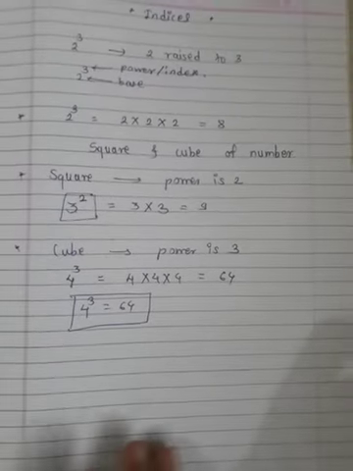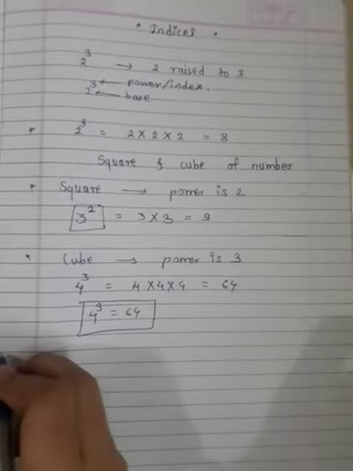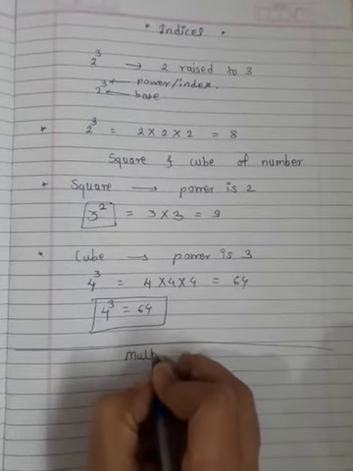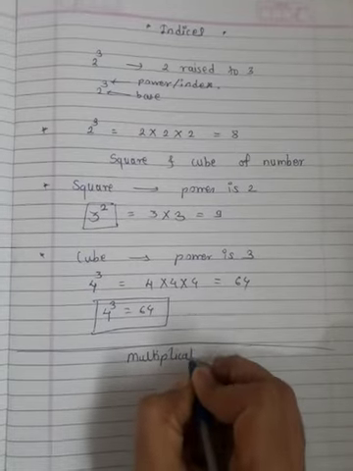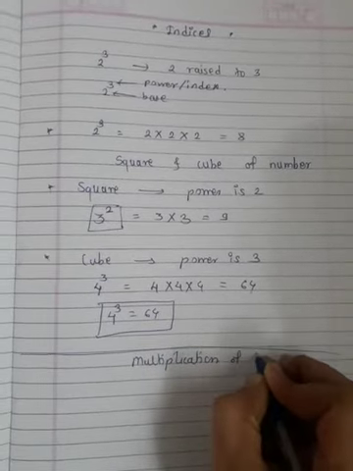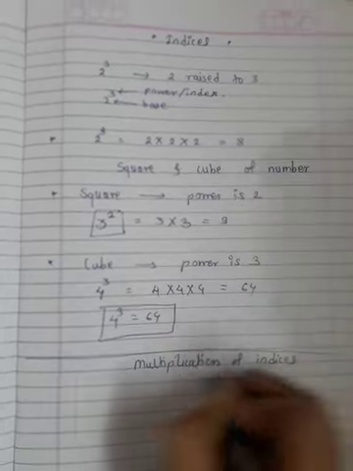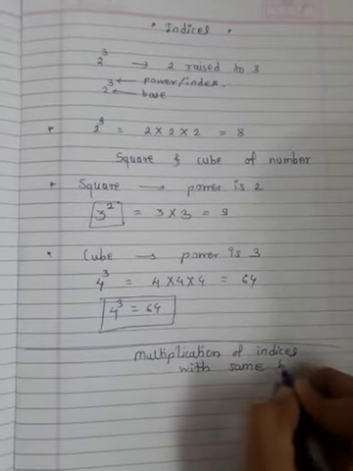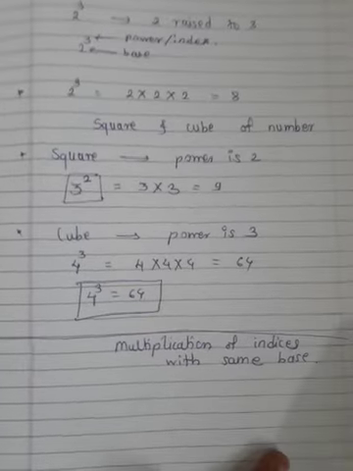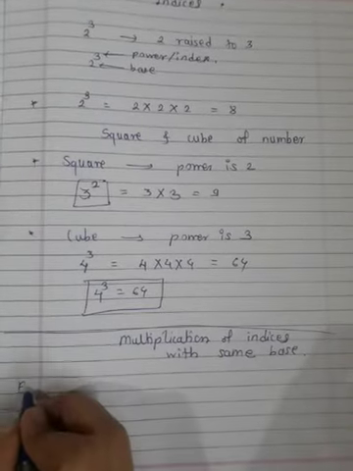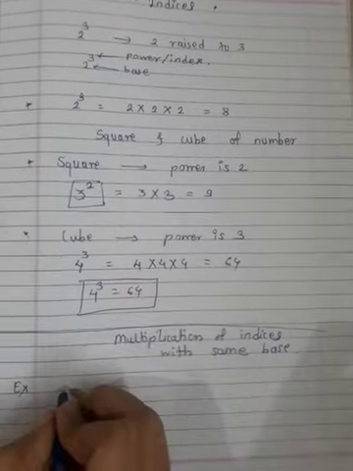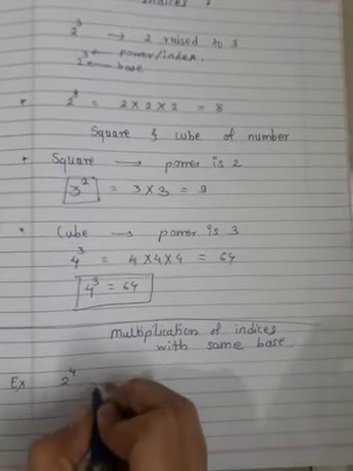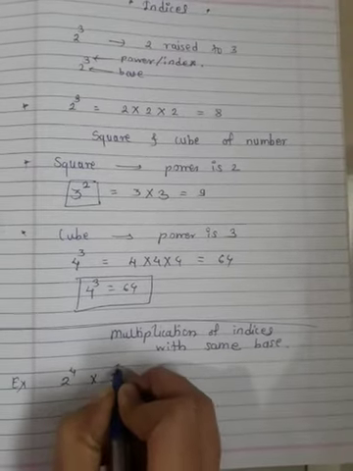Now let us move toward the next point, that is multiplication of indices with the same base. Take one example. Multiplication of indices with the same base: I have taken 2 raised to 4 multiplied by 2 raised to 3.